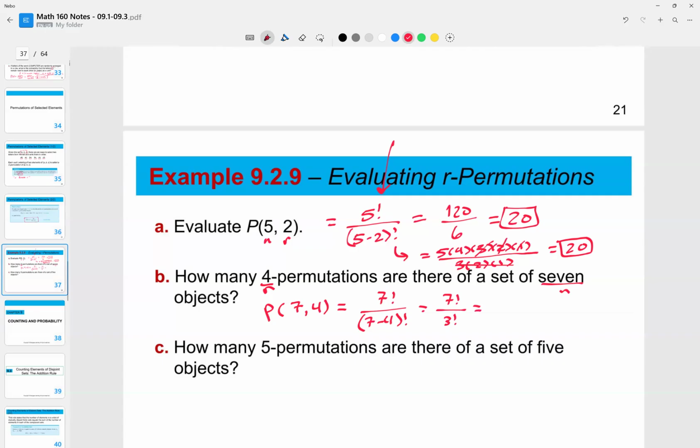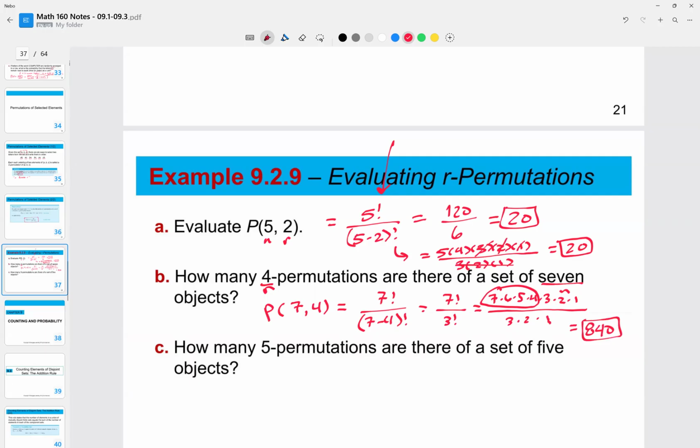And this is 7 times 6 times 5 times 4 times 3 times 2 times 1 all over 3 times 2 times 1. You can see what cancels out, and you're just left with 7 times 6 times 5 times 4, which equals 840.